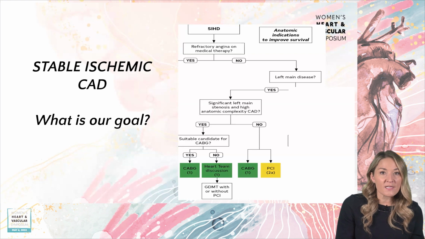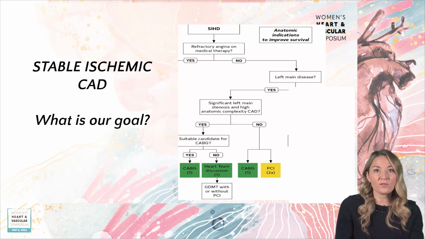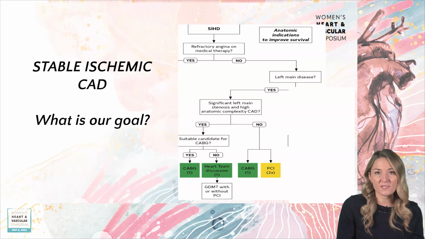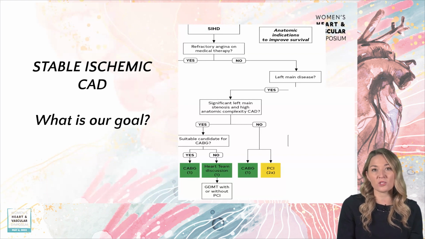Is it high complexity? Is it a distal left main stenosis that's going to turn into a complicated PCI? If the answer is yes, and the patient is suitable for bypass surgery, meaning their other comorbidities would allow for bypass surgery, and the SYNTAX score is calculated, and you decide with your cardiothoracic surgeon that it's a good idea, then bypass surgery is a class 1 indication.